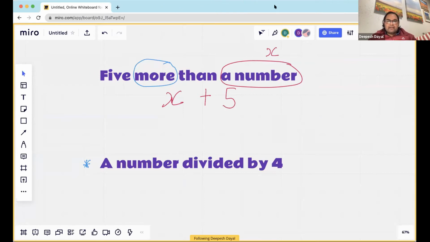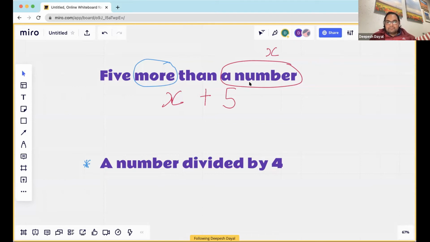I see Wanga, you've got 4 over x. Wanga, are you confident with that answer or is it x over 4? I'm confident. Okay, just explain to me why it's 4 over x and not x over 4. I feel like the 4 should be on top of the x. Okay. This one says here a number, right? Wanga, what is that number?